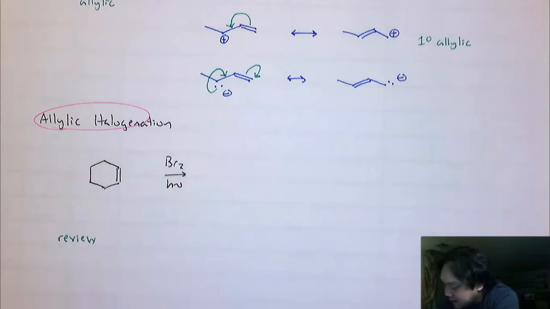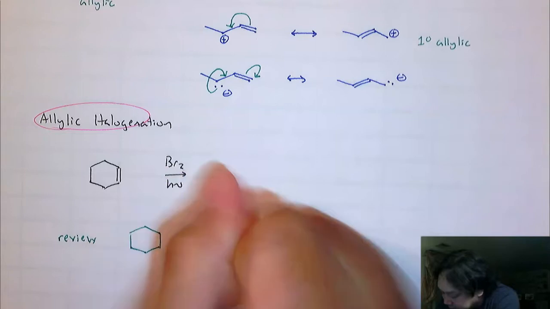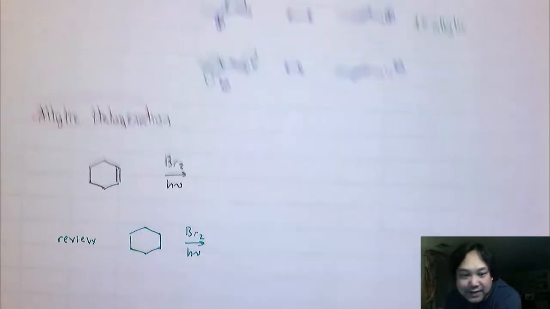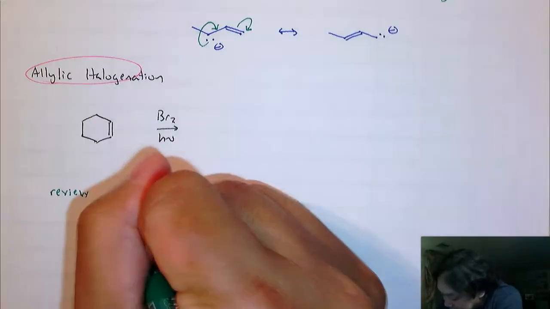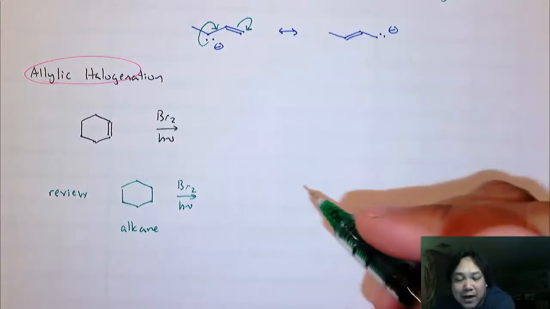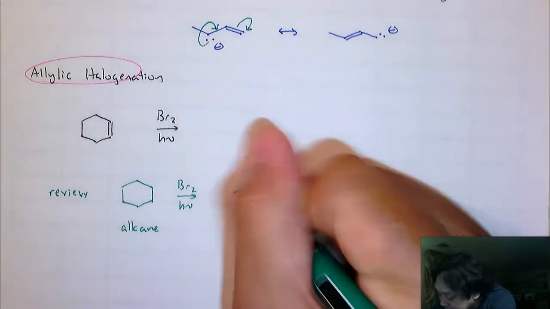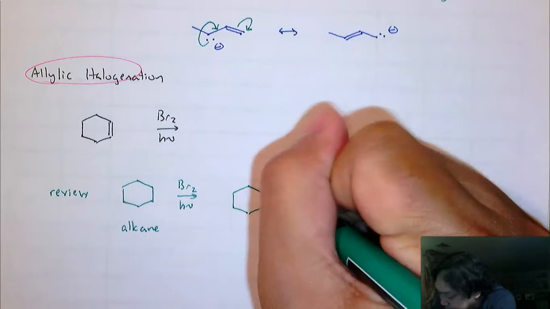You see how you've got to be really conscious of your starting material, because it's the same reagent, but now we have an alkane. And when you have an alkane, remember you replace the hydrogen on the most substituted carbon. They're all secondary carbons, and no matter where you put the bromine, it's the same product.